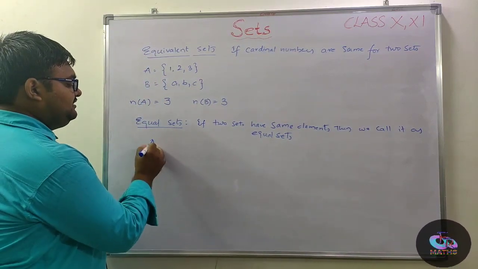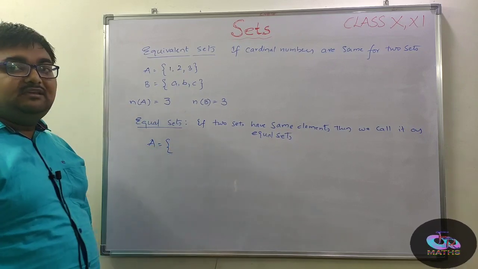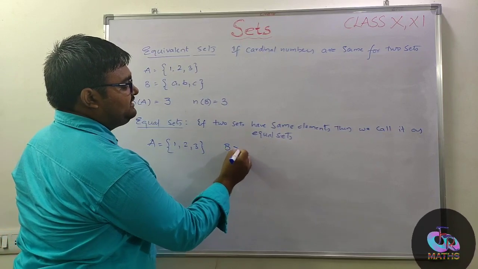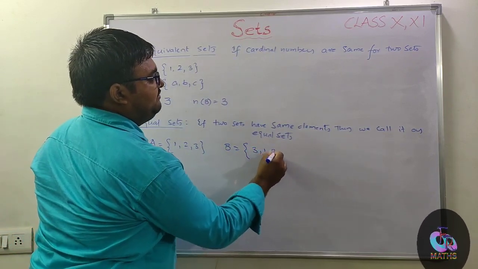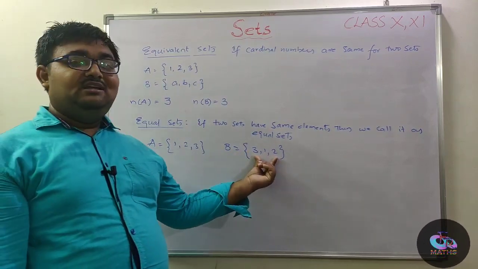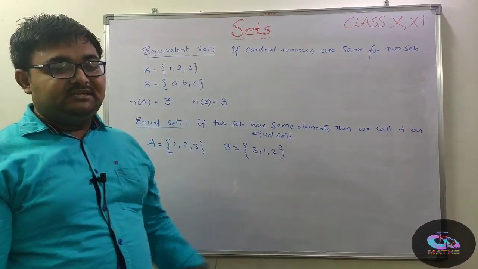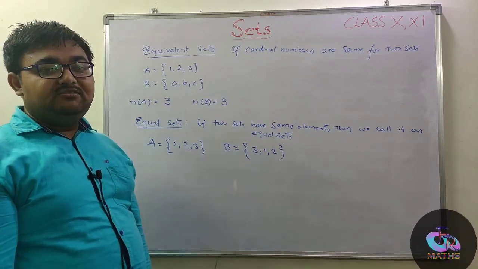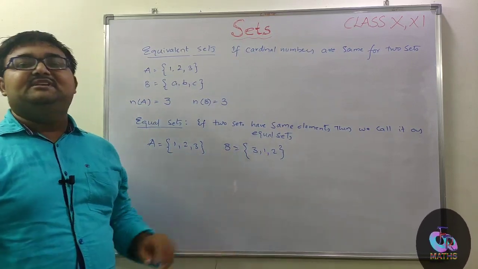Suppose I take one set A which is {1, 2, 3}, and I take another set B as {3, 1, 2}. Here order is not important, as we have already discussed. Set A contains 1, 2, 3, set B contains 3, 1, 2, so it contains the same elements.